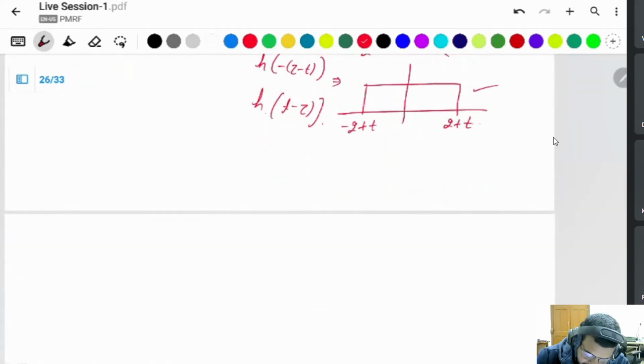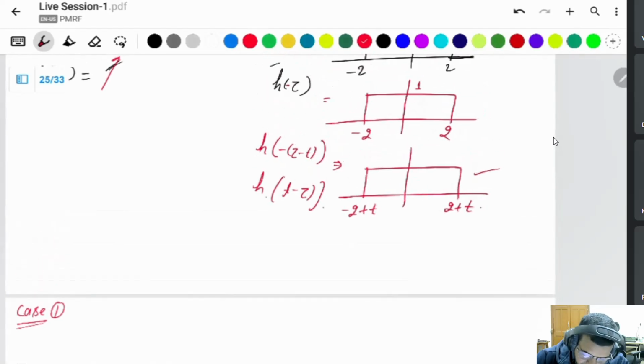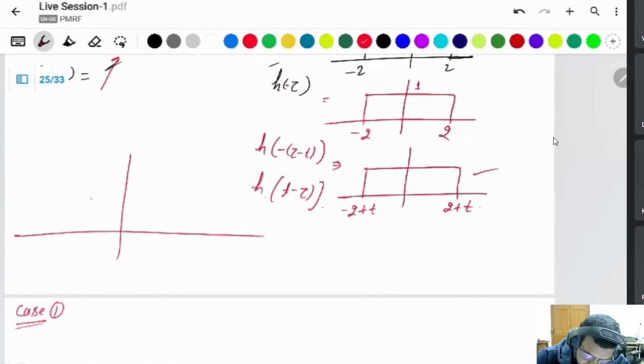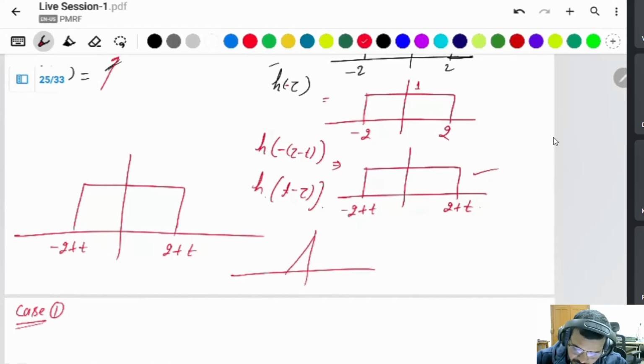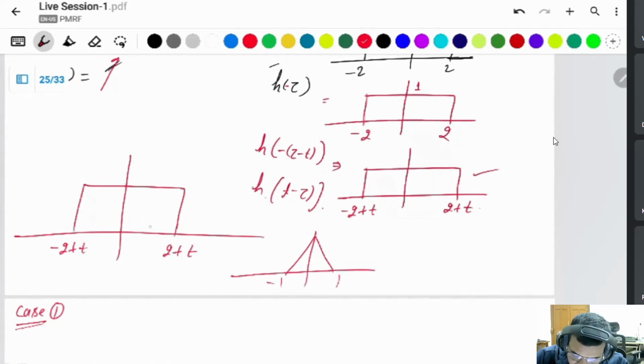Take it as case 1. We have two signals. I start to go from this one to this one like that, from left to right.